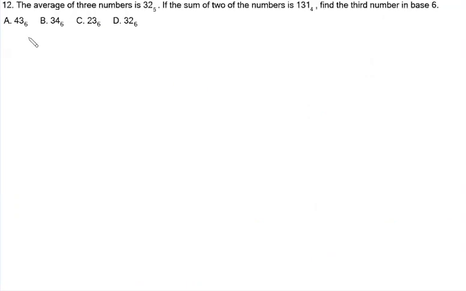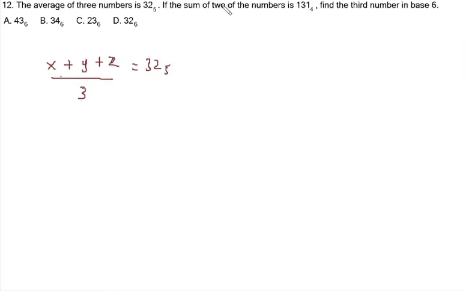For number 12, the average of 3 numbers is 32 base 5. If the sum of the first 2 numbers is 131 base 4, find the third number in base 6. So the average of 3 numbers. So let's say number x plus y plus z, the average will be divided by 3 is equal to 32 base 5.